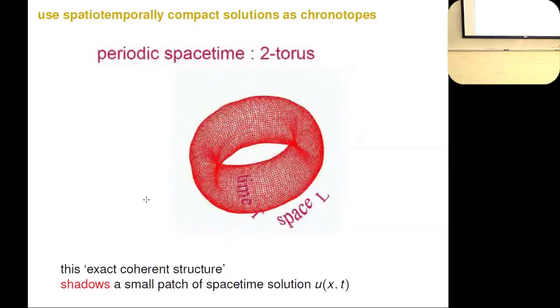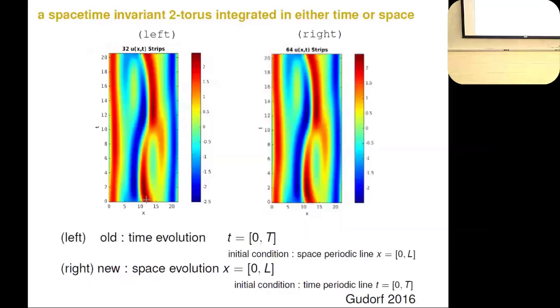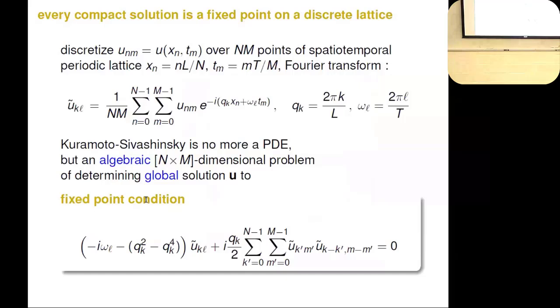And then you ask, what is the solution I'm looking for when I'm solving this equation? The natural thing is to write this in Fourier modes, because that discretizes the problem. And when I look at these equations, I discover that what I'm looking for is actually a high dimensional fixed point condition.